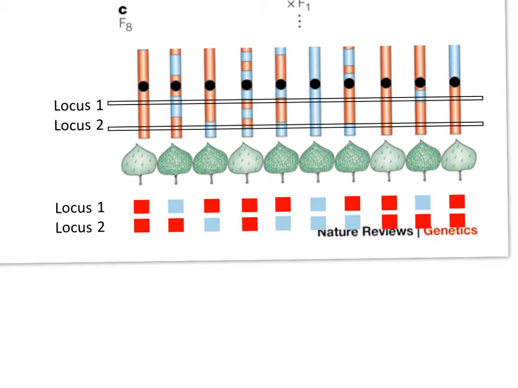Does the genotype, when you look at both of those genotypes together, correlate with the trait? So for the individuals that are not hairy, what are their genotypes when you look at the combination of gene 1 and gene 2 together? They're all red and red.